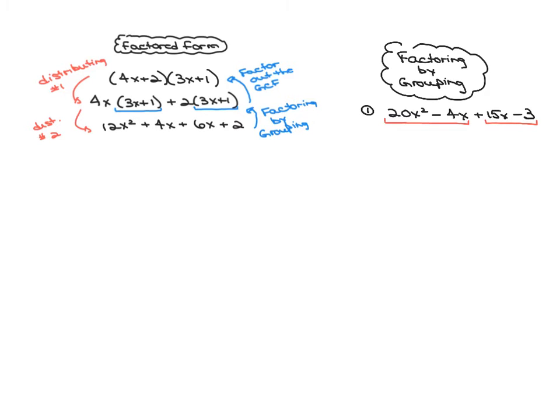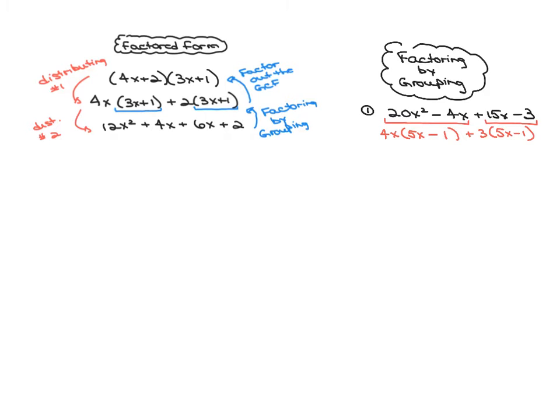We'll look at the first, 20x squared minus 4x, and I'm going to factor out the GCF, 4x. So that becomes 4x times 5x minus 4x times 1. Then I'm going to look at the second two terms, 15x minus 3, that second pair, and I'm going to factor out its GCF, which is 3. 3 times 5x minus 1.